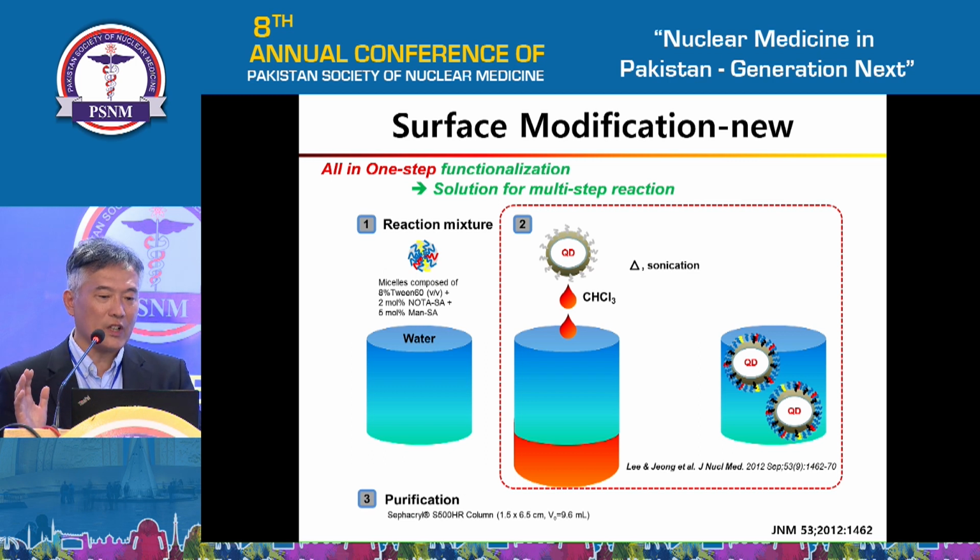So that is the all-in-one step functionalization. The hydrophilization agent, the functional targeting molecule, and also the chelating agent mixed together can form a micelle, and then into the micelle solution, hydrophobic quantum dots or any kind of hard-core materials are dropped, and then we can get hydrophilized nanoparticles.